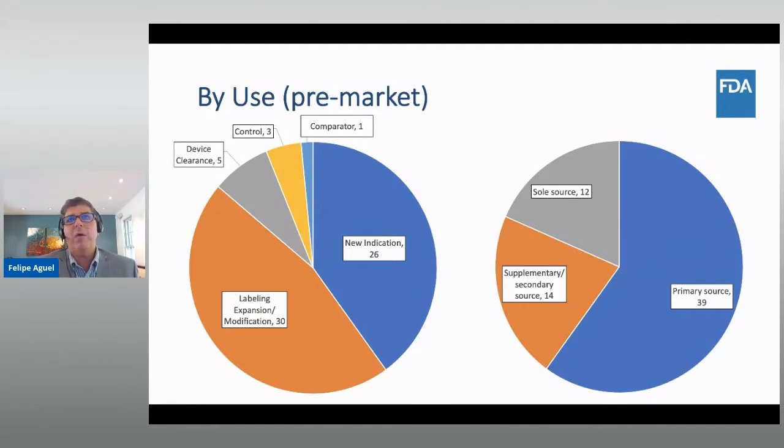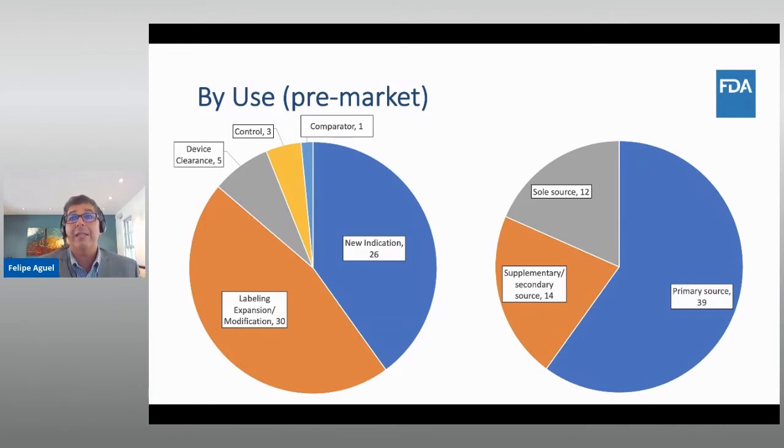And then broken down by whether it was used on its own versus as a primary source versus as a supplement to traditional clinical trial data. The graph on the right shows that in many instances, 12 of the 65 pre-market cases, it was the sole source of data on which the decision was made.